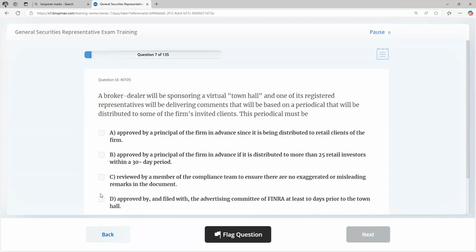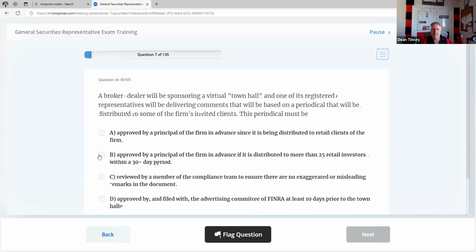Approved by and filed with the advertising committee of FINRA at least 10 days prior to the town hall. Approved by a principal of the firm in advance if it's distributed to more than 25. Approved by a principal of the firm in advance since it's being distributed to retail clients of the firm. I don't like A because of the 25. I think B is correspondence.